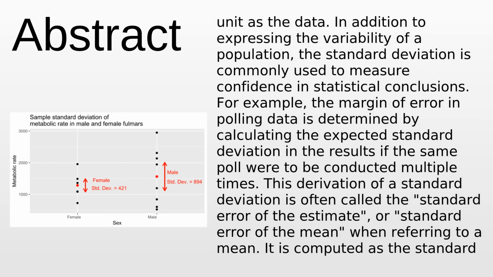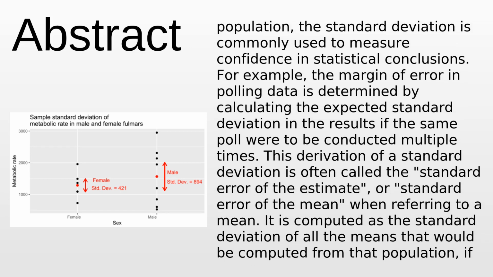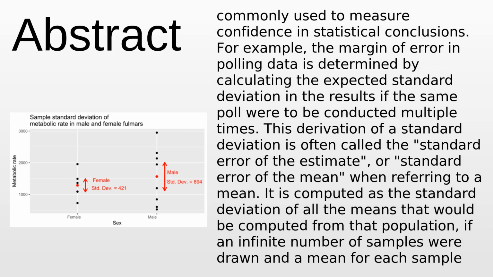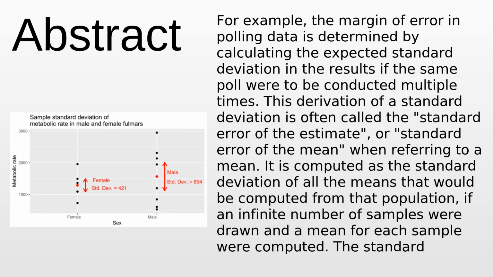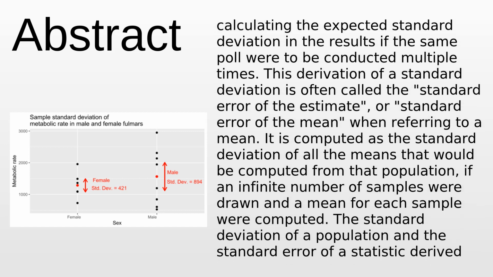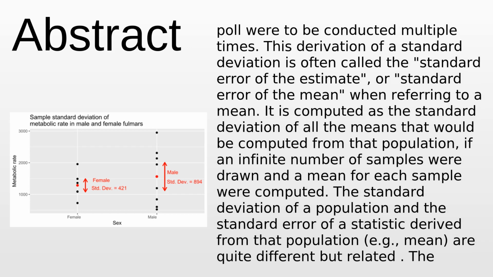In addition to expressing the variability of a population, the standard deviation is commonly used to measure confidence in statistical conclusions. For example, the margin of error in polling data is determined by calculating the expected standard deviation in the results if the same poll were to be conducted multiple times.